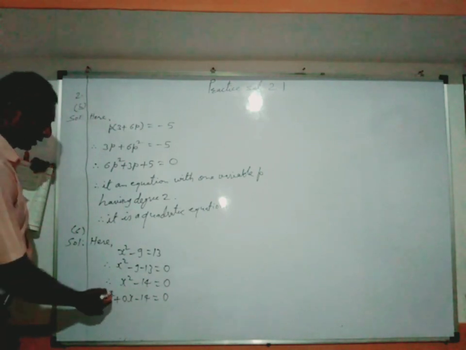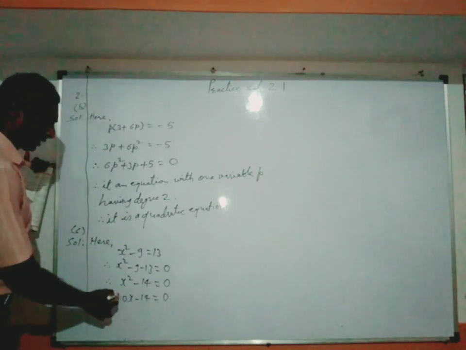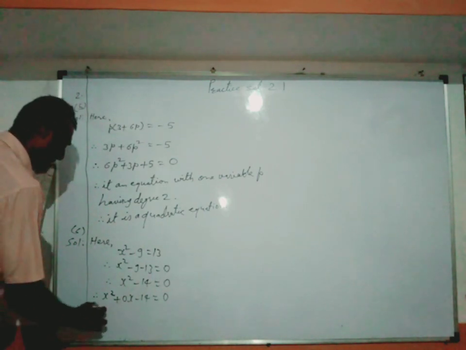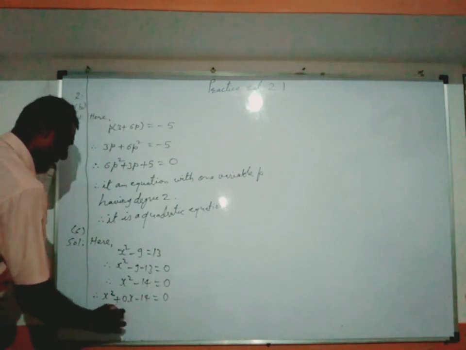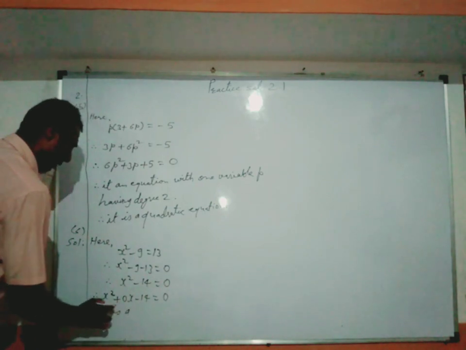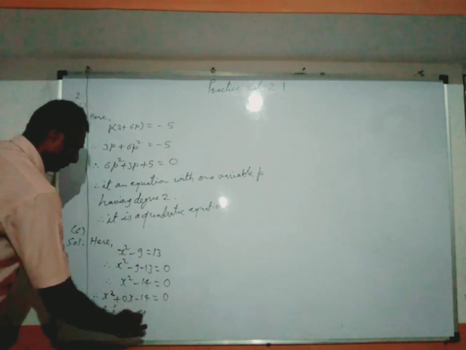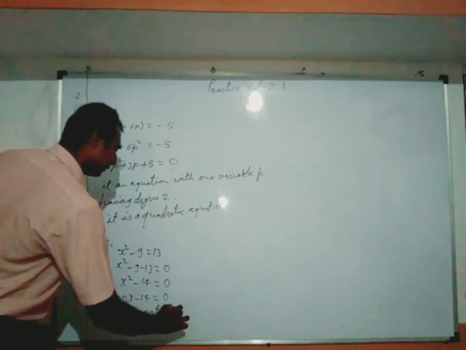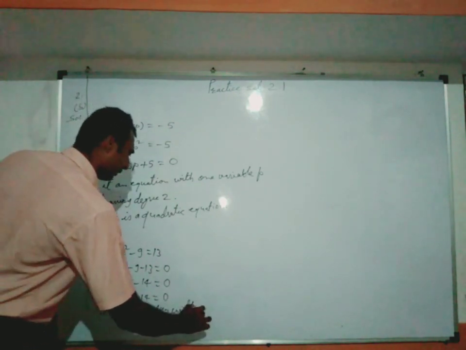That's why this equation will be x square plus 0x minus 14 equal to 0, and therefore it is an equation with one variable.